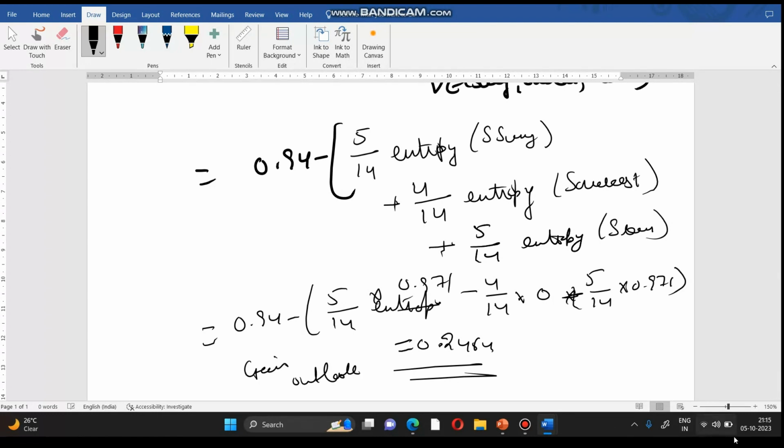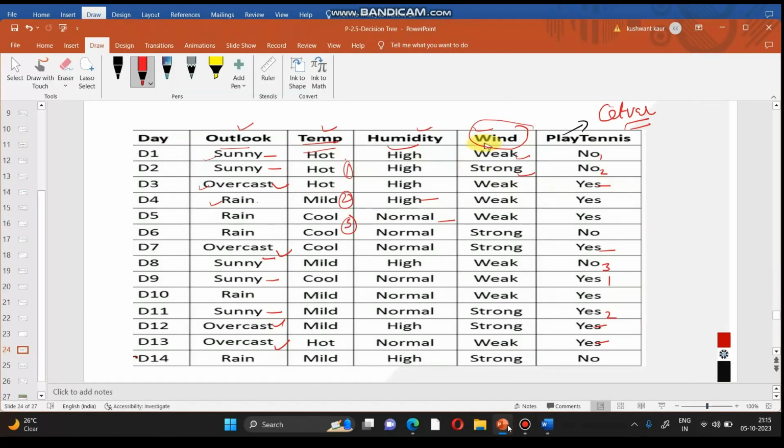Fine. So as we can see, we have got the gain for this. So what was the gain in this case? 0.2464. This is the gain for this value. So further proceeding, we will calculate the gain for temperature. For calculating the gain for temperature, we will again repeat all the steps.